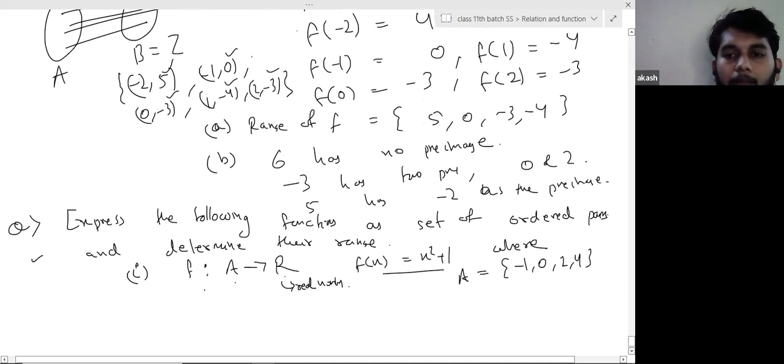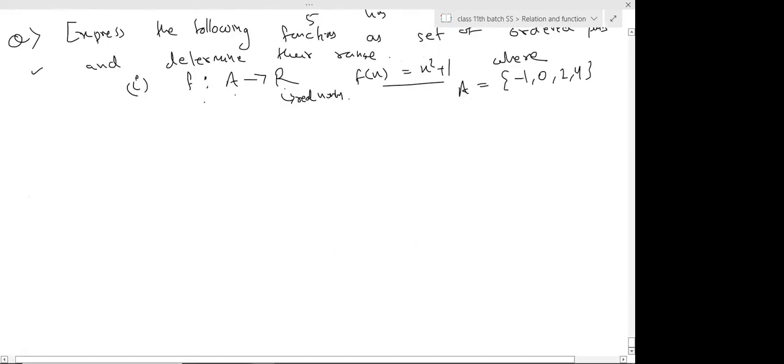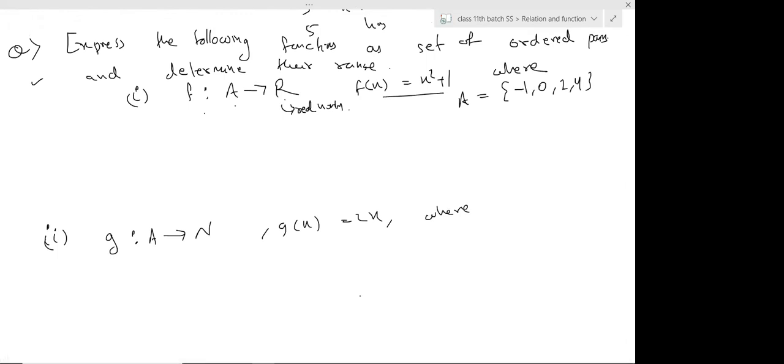Very easy question. Try to solve. Solve this next one.